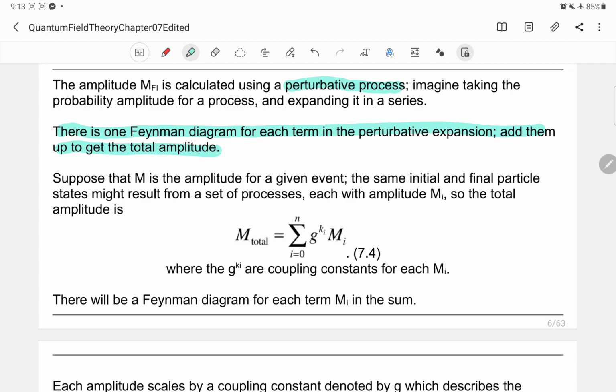So suppose you have the same initial and final particle states, and in between them are different processes.